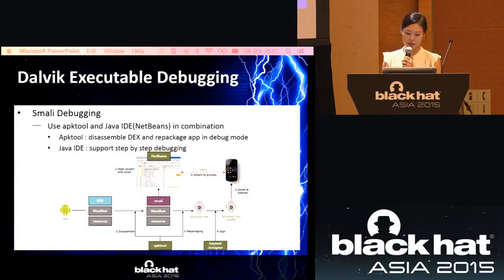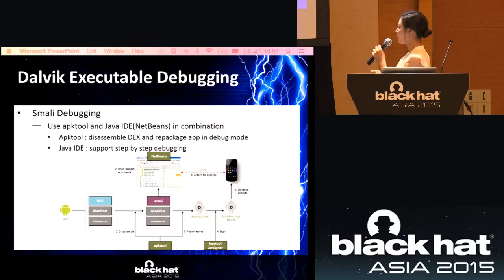The analyst with this APK file disassembles the application first by using APK tool and gets hold of Smali code. This Smali code can now be used in a NetBeans project, replacing Java source code in a project. Also, to do the debugging, the APK file should be in debug mode. So by using APK tool, the analyst should disassemble and also build the application in debug mode.